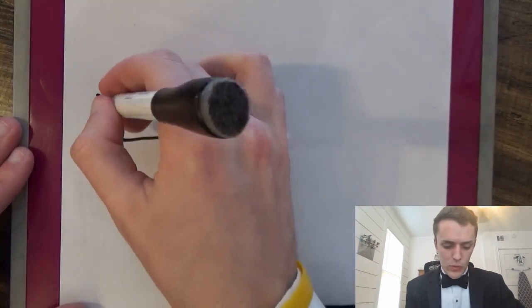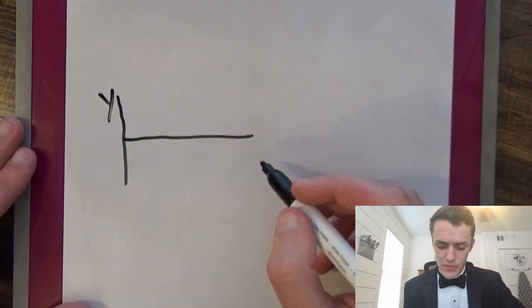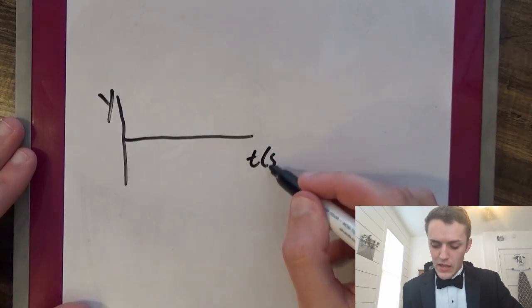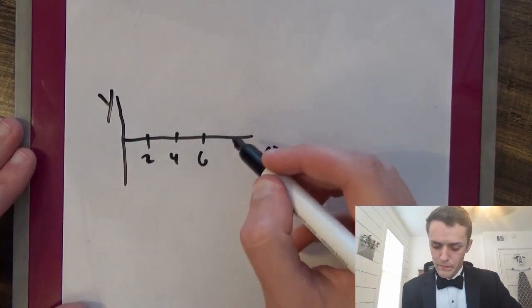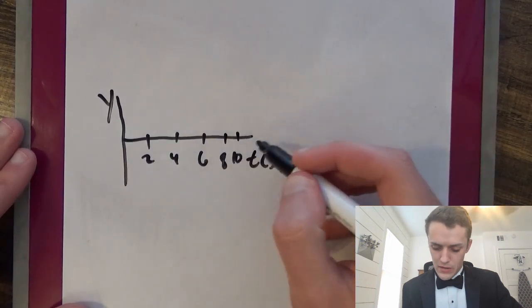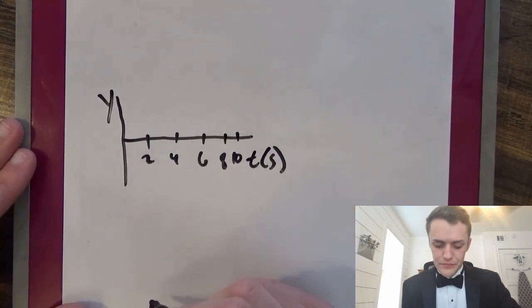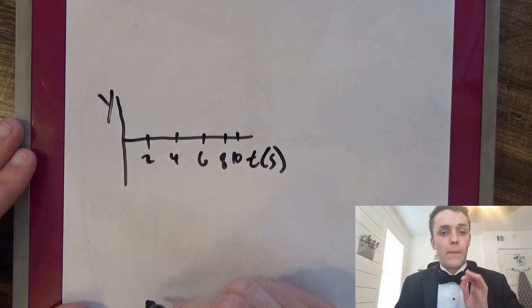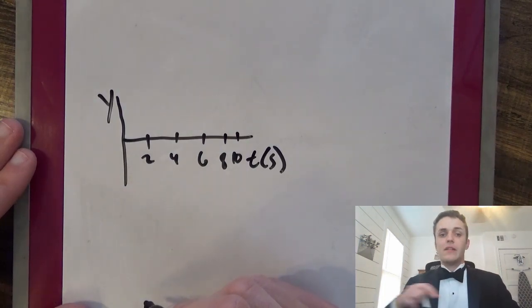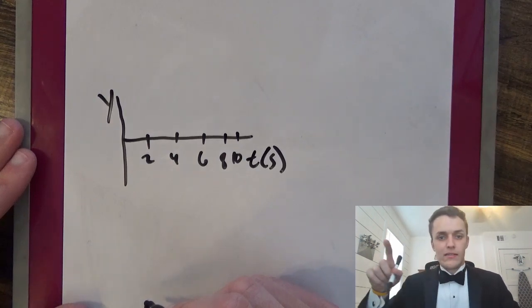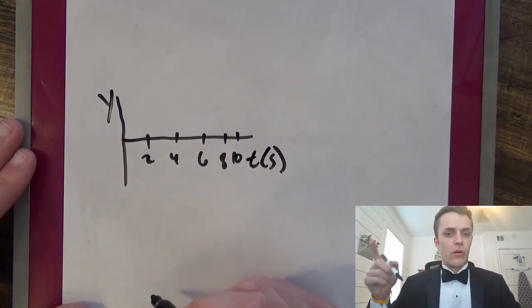On the y-axis we have the y direction, and the x-axis is time in seconds. It's got a couple of hash marks, 2, 4, 6, 8, 10, all the way to 12. All right. So we're looking to draw a period of 6 seconds. If it is a period of 6 seconds, that means it's taking 6 seconds to do one back and forth.